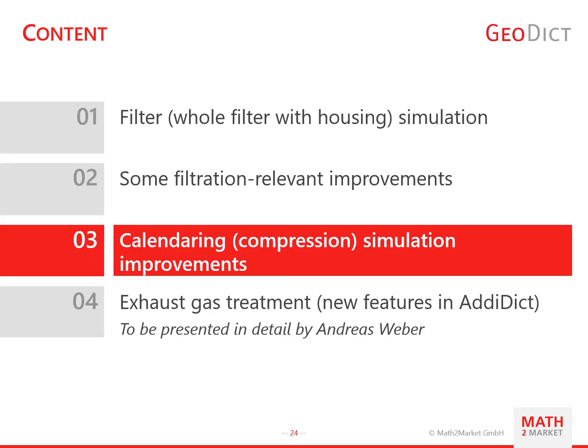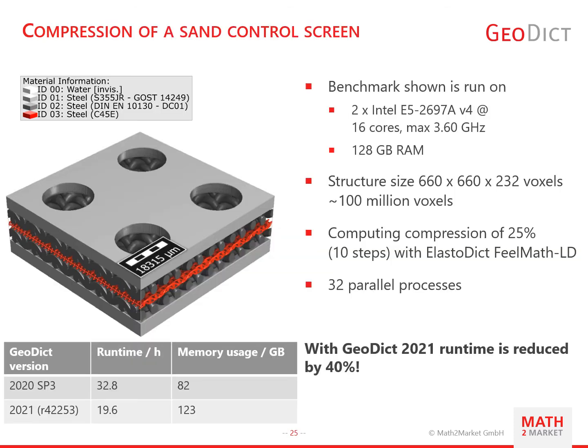Alright, here I show briefly the calendaring or compression simulation improvements when we, for example, compress a filter media. So here we can see a complex case where we have a sand control screen at the left side having 5 different layers. You can see one quite fine woven media shown with red color in the middle, 2 coarser woven media on the upper and bottom side of the red media, and on the very top and bottom sides you can see 2 perforated plates.